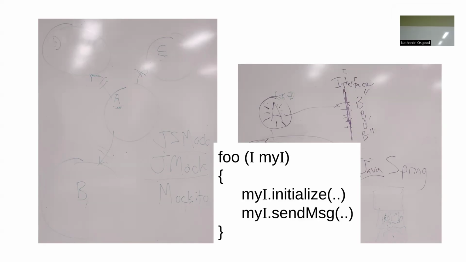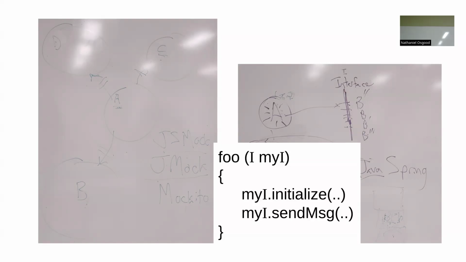And I can pass into foo a particular instance of that interface, something that implements that interface. It could be an object of class B or B prime or B double prime or B triple prime. Doesn't matter, as long as they implement the interface, I can pass them into this code, and this code will still work, right? This code will still run.